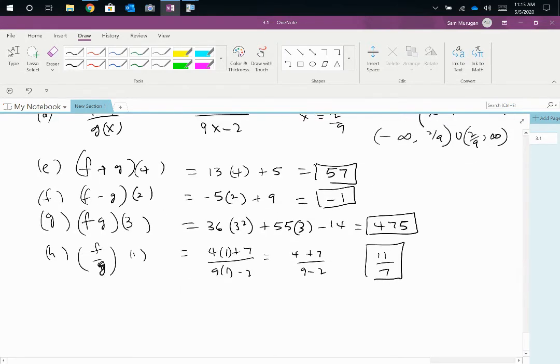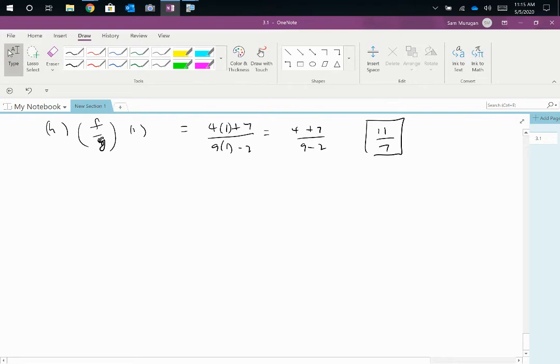I'm going to do a second example of combining functions. This one, we're given, say, f of x equals 7x plus 9 over 9x minus 7, and g of x is equal to 9x over 9x minus 7.